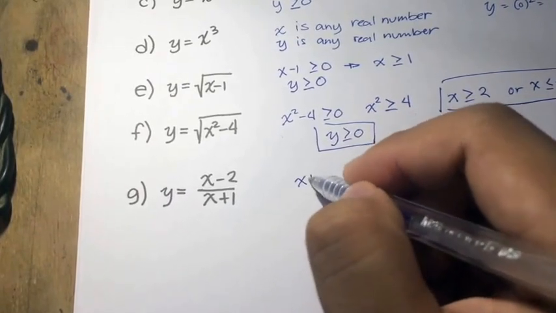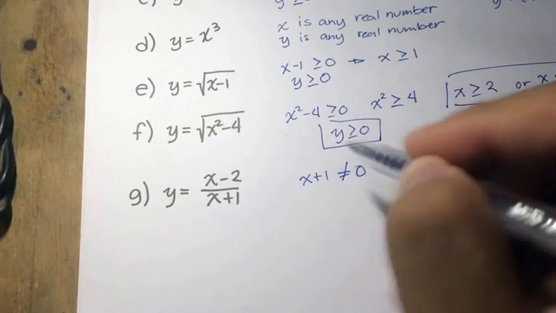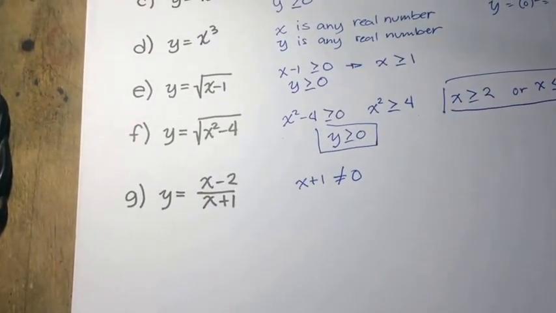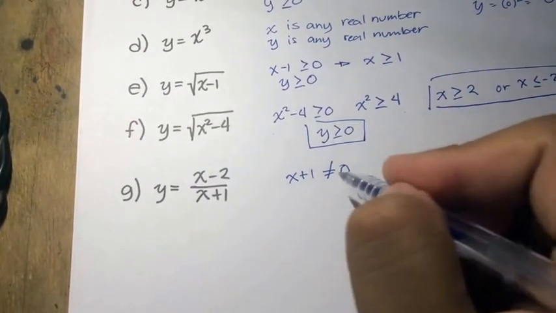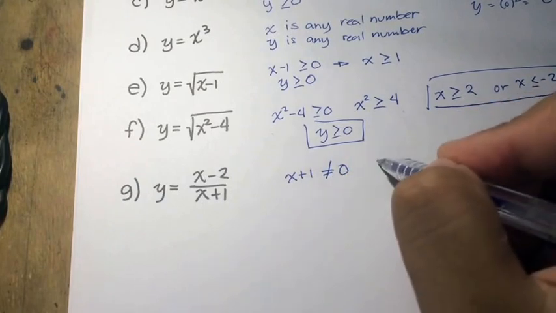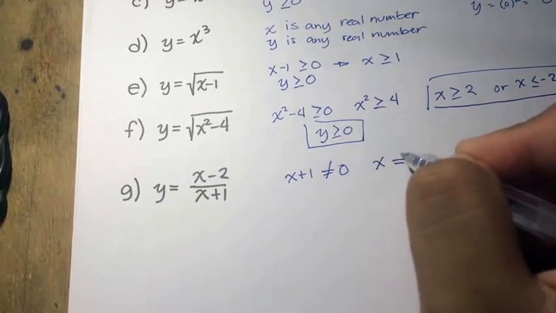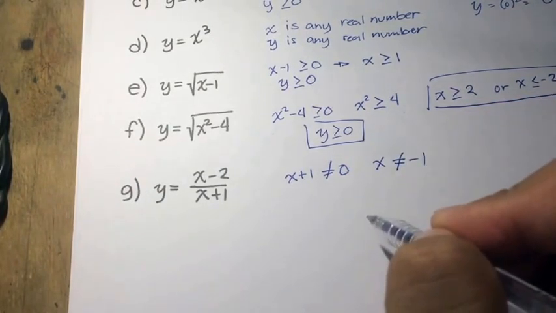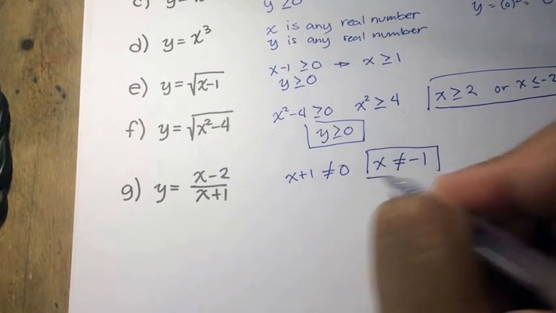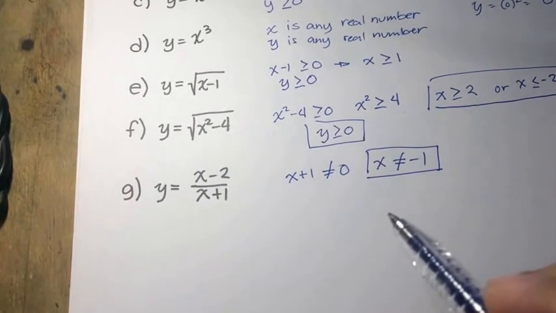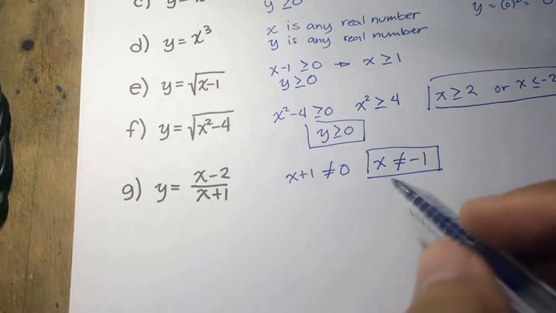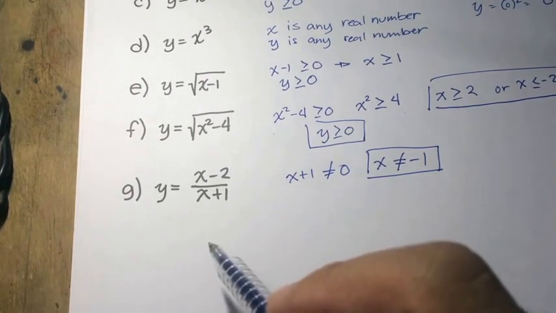So x plus 1 must not be equal to 0. And only one value of x will make this equal to 0, and that is negative 1. So x must not be equal to negative 1. So this is my domain that makes sure that the denominator is not equal to 0.